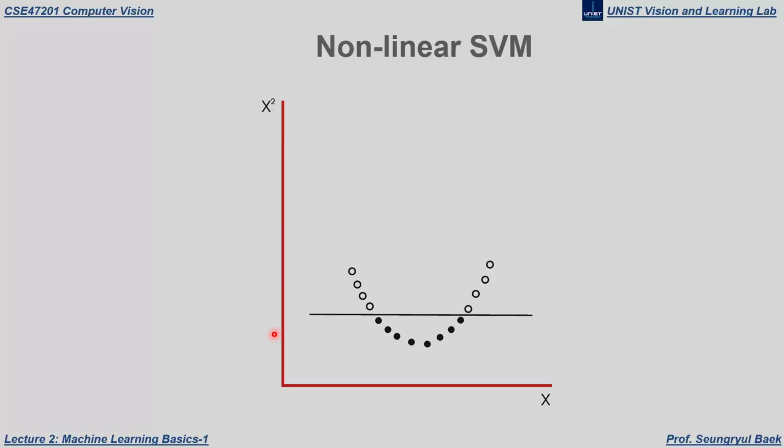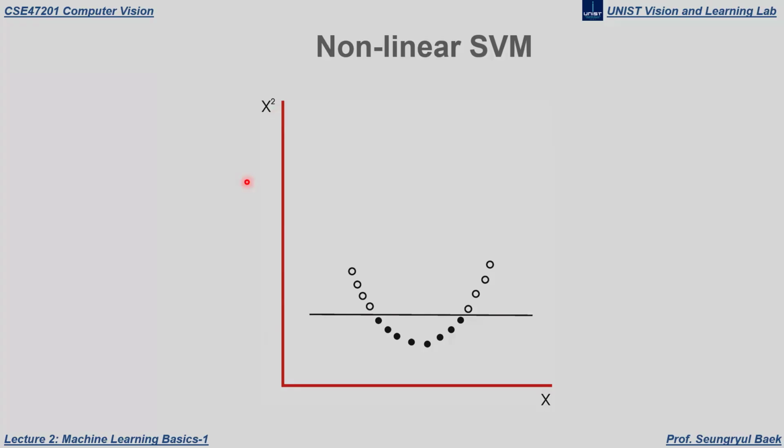This is the idea of extending your linear SVM into nonlinear cases. You will transform your feature, which is the X vector, by applying some nonlinear transformation.